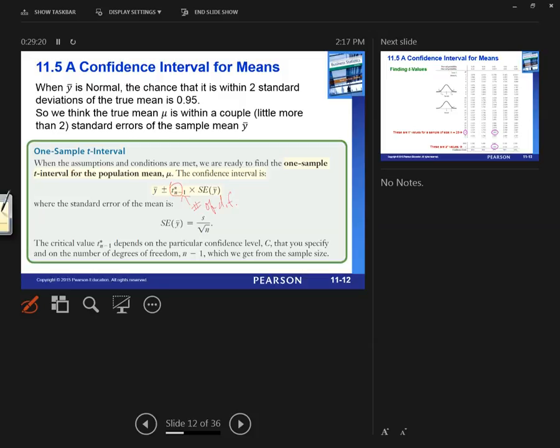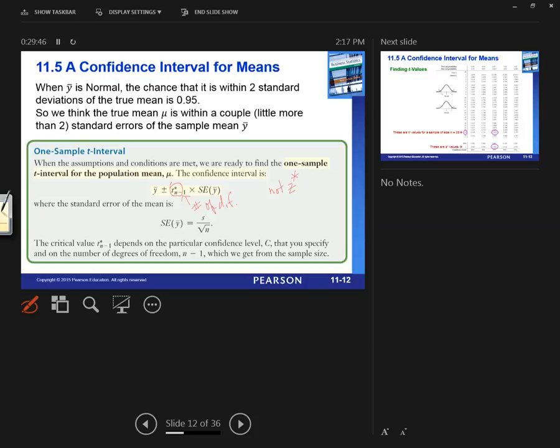Just like the Z star depended on how confident we wanted to be: if we wanted 95%, it was 1.96; if it was 90%, we had 1.645. But this is not a Z star. It's not normal. We use the letter Z to represent normal things.